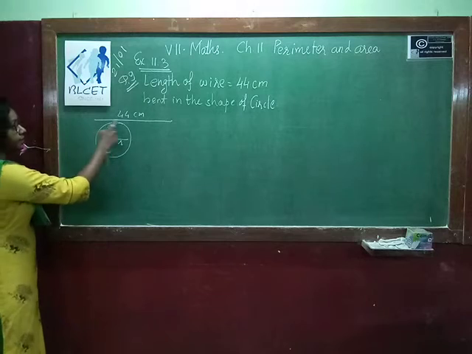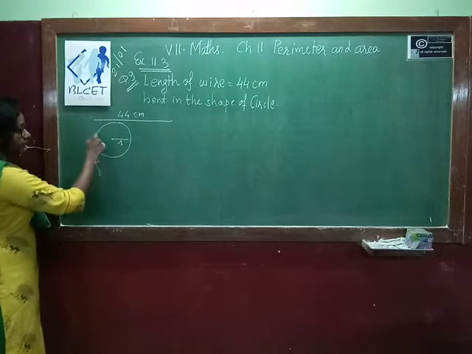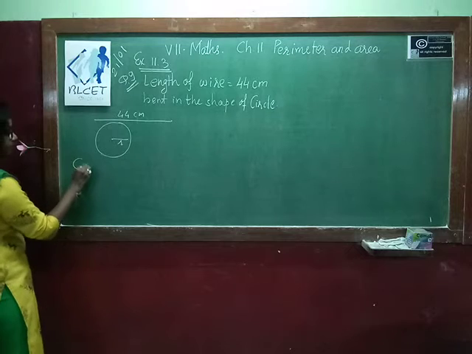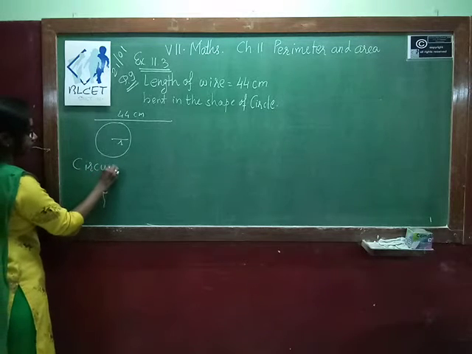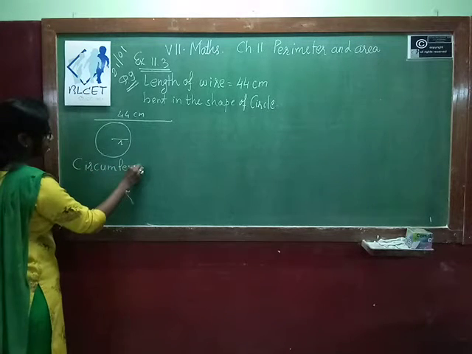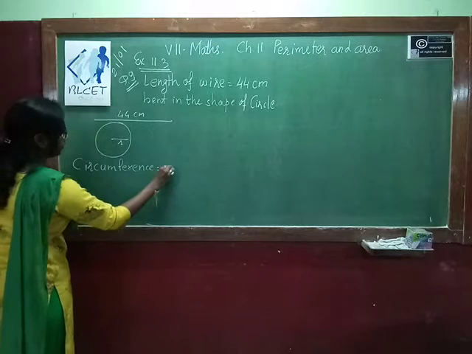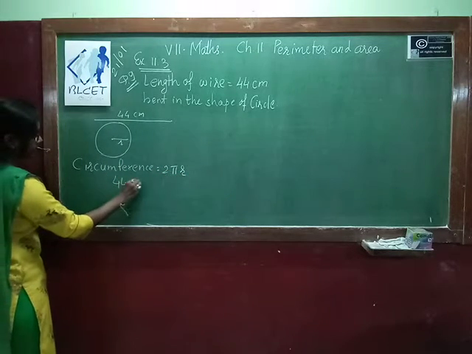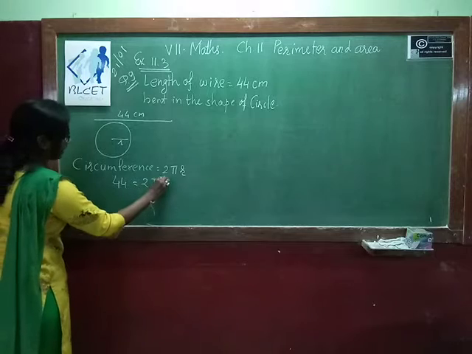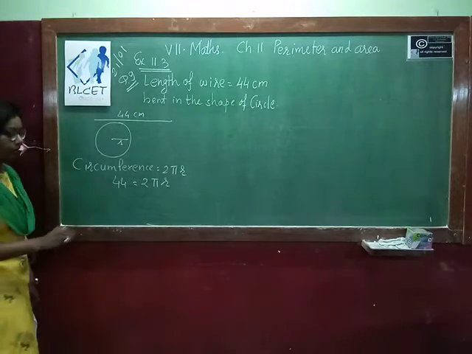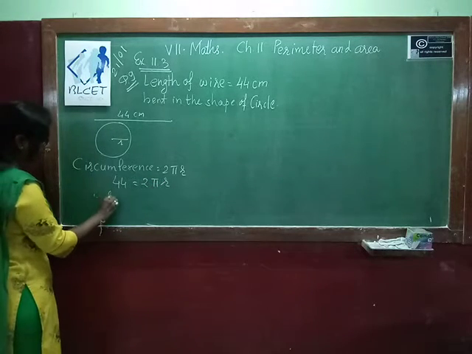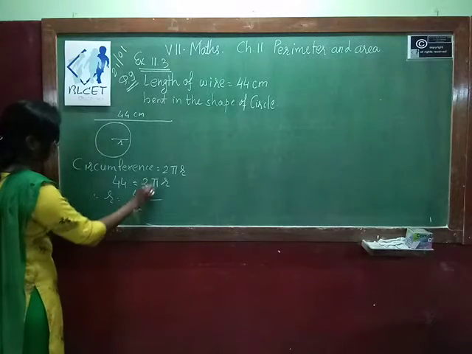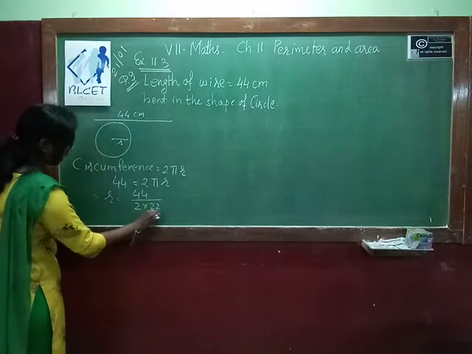So we can say circumference is equal to 2 pi r. So we have 44 as circumference is equal to 2 pi r. Here we have to take pi is equal to 22 by 7. So therefore r is equal to 44 divided by 2 times pi, which is 22 divided by 7.